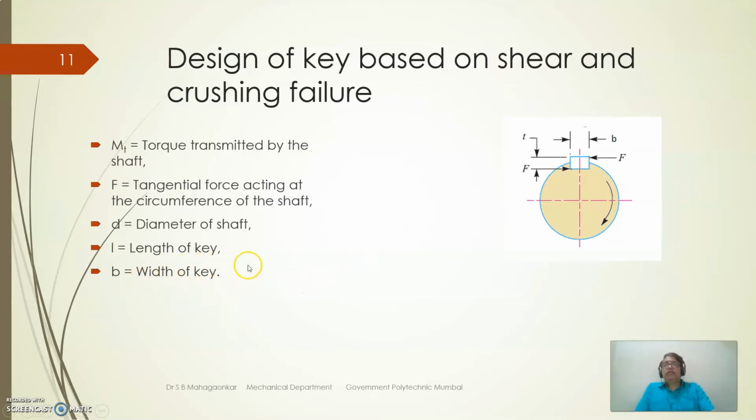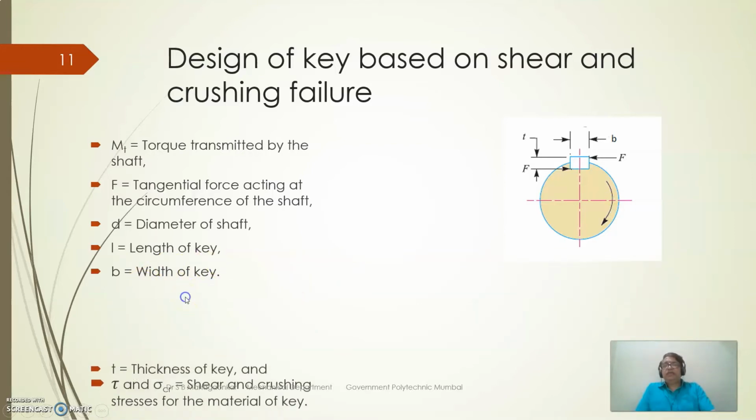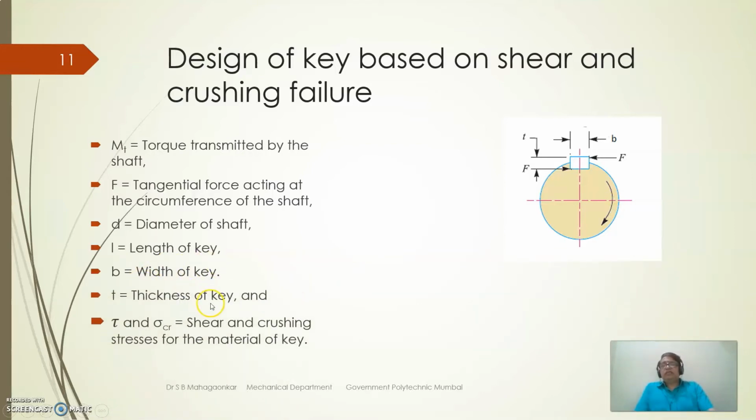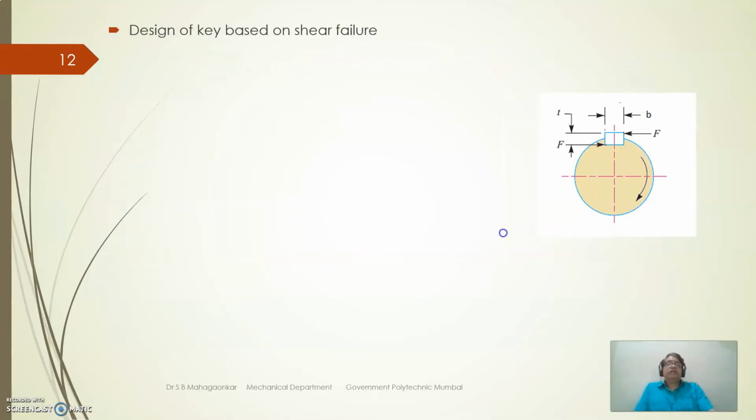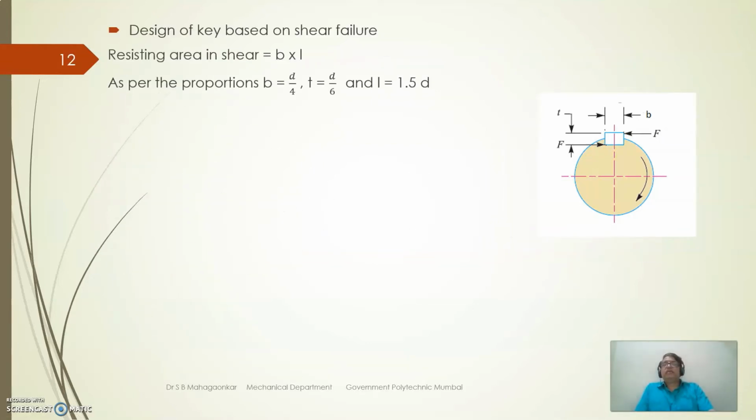If L is the length of the key, B is the width of the key, T is the thickness, tau s is the allowable shear stress for the key material, and sigma c is the crushing stress of the material, then the resisting area in shear is equal to B into L, which is perpendicular to the shear force.